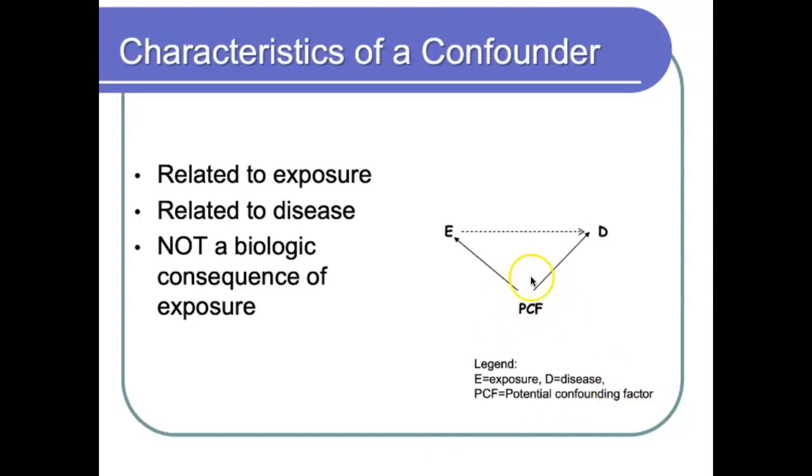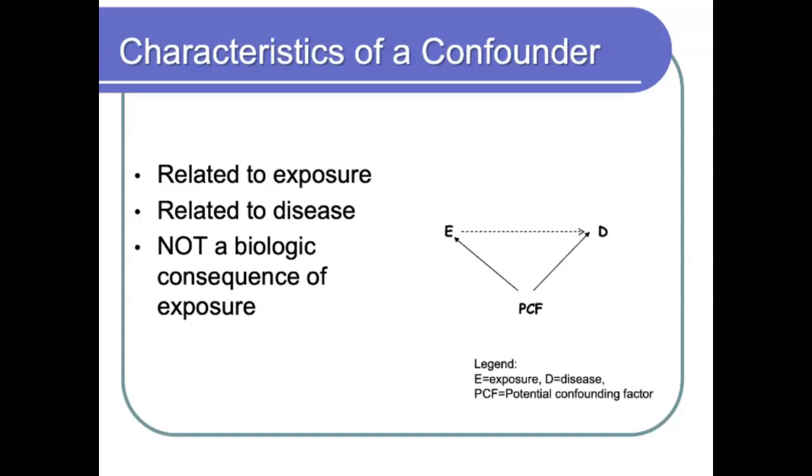So this third variable, whatever it is, has to be associated or related to our exposure, and it also has to be associated or related to our outcome variable. If a variable is only related to one of these or it's not related to either one, it cannot be considered a potential confounder.